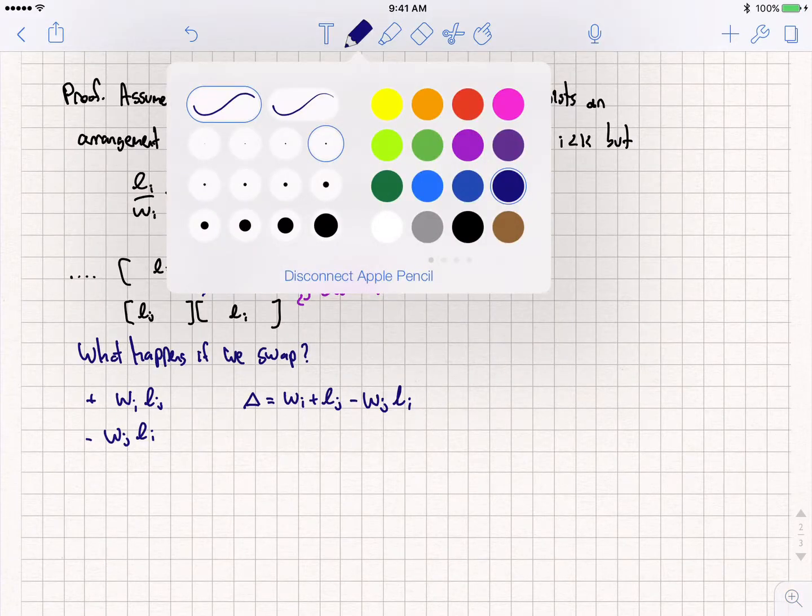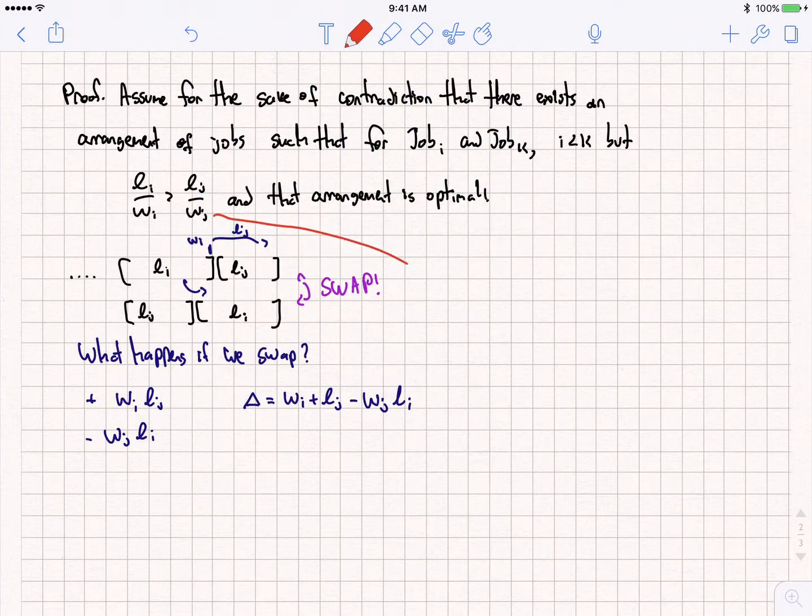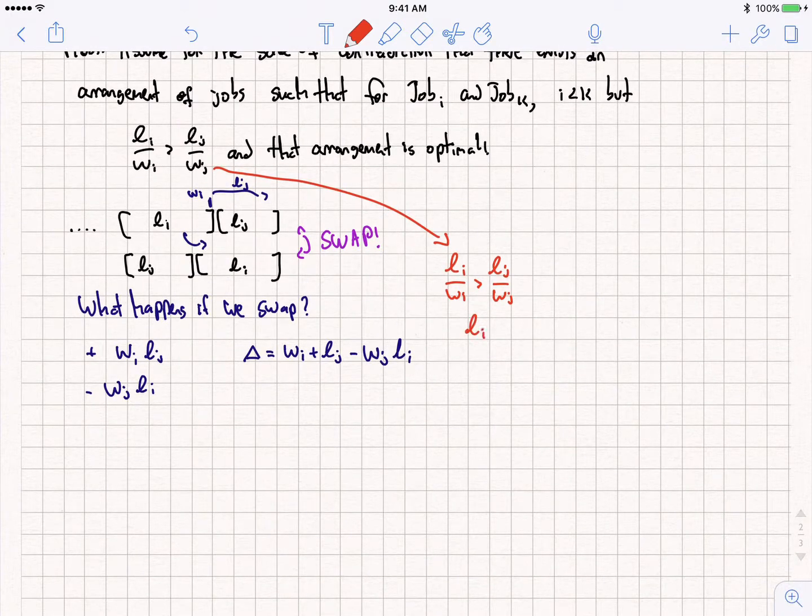From our inequality up here, we drag this down over here, we get length of I divided by weight of I is greater than length of J divided by weight of J. If we multiply this out, we get length of I times weight of J is greater than length of J times weight of I. If we look over here, it's very nicely aligned.